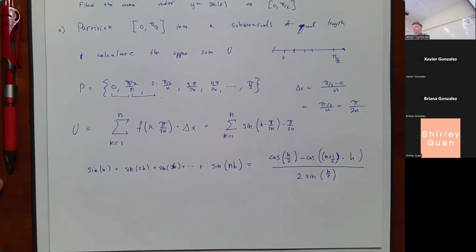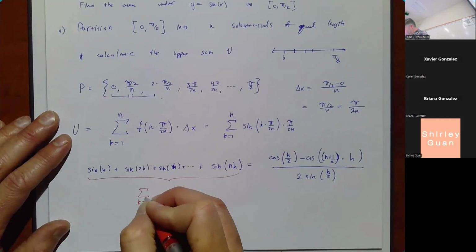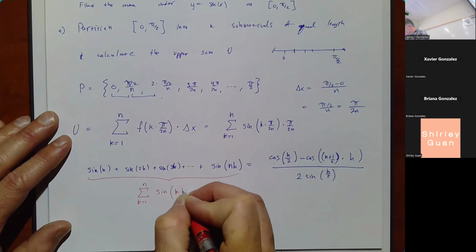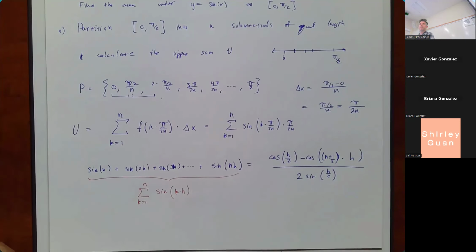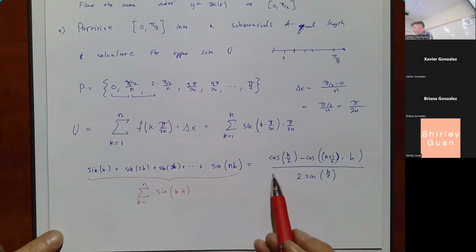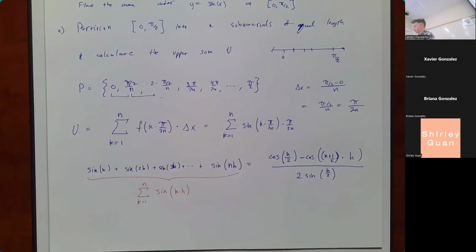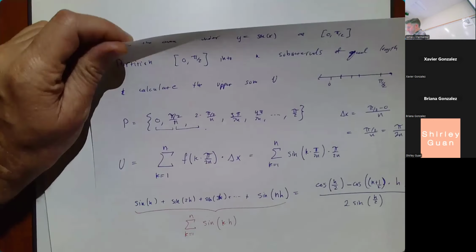Lovely. I will point out that what I've written right here is really just the sum from k equals 1 to n of sine of k times h. So really, I'm just going to use this formula, but I'm going to replace the h with pi over 2n. So here's what we've got.